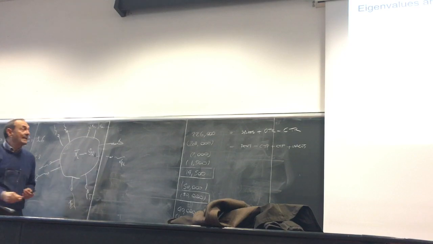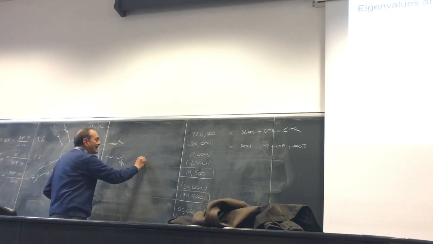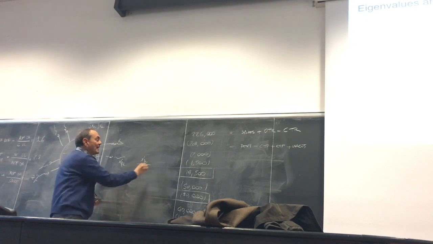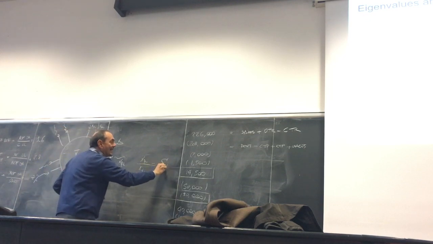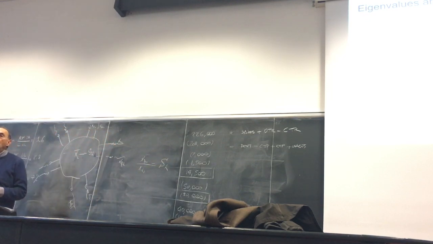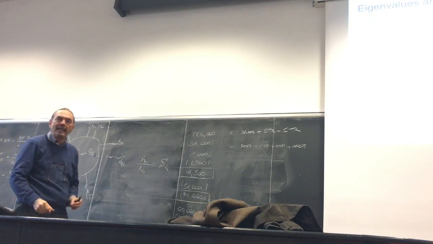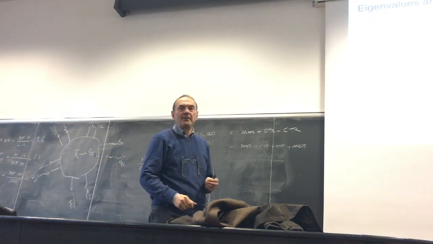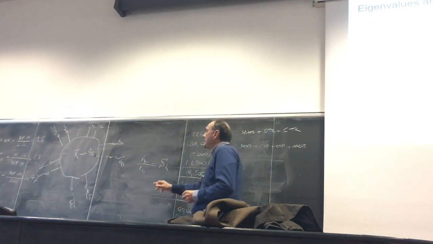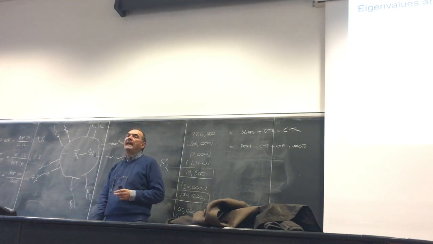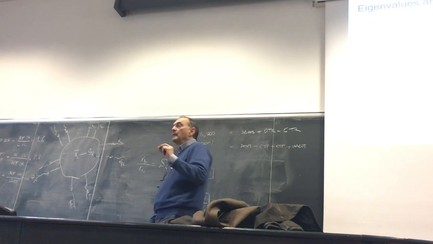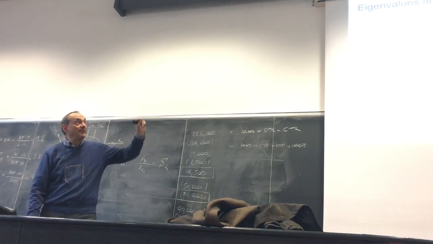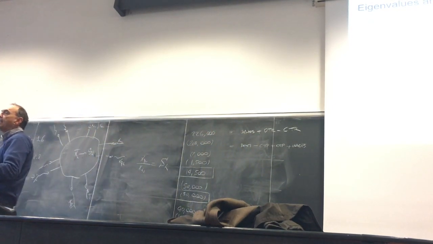Well, the property is that the ratio between x beta i divided by x lambda i is the same for all the ports and is equal to S lambda. So all the ports present the same reflection coefficient, and this reflection coefficient is equal to the eigenvalue. This is the property corresponding to the mathematical definition of eigenvectors and eigenvalue.